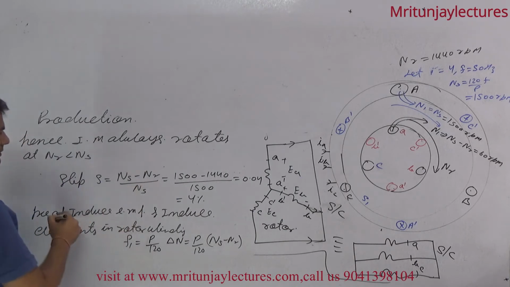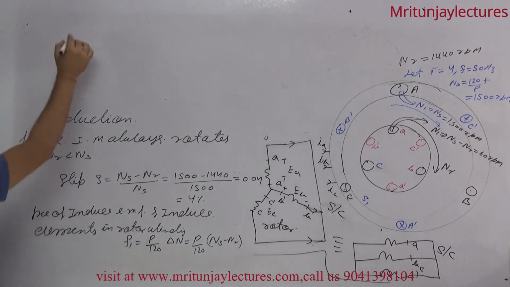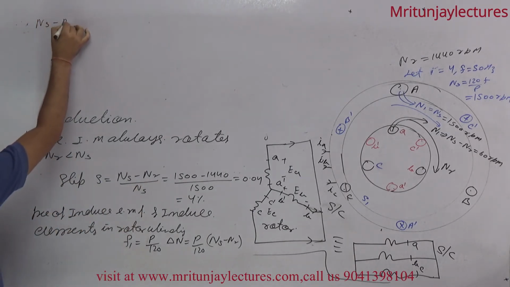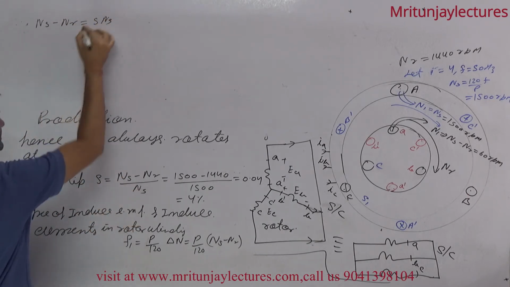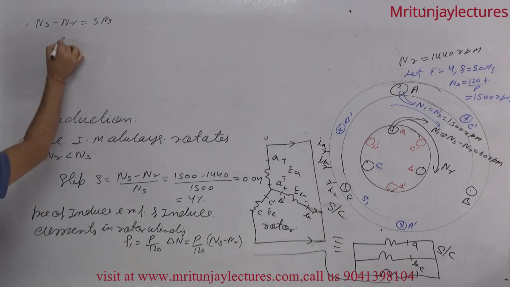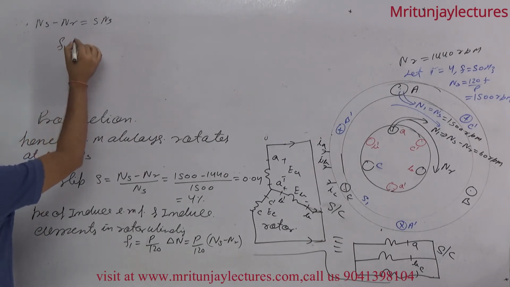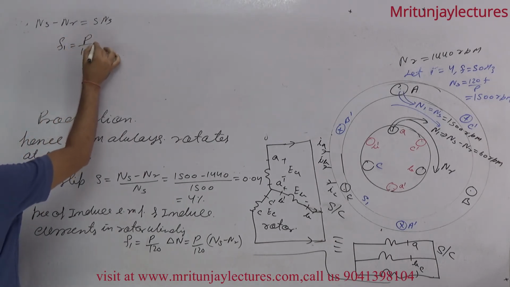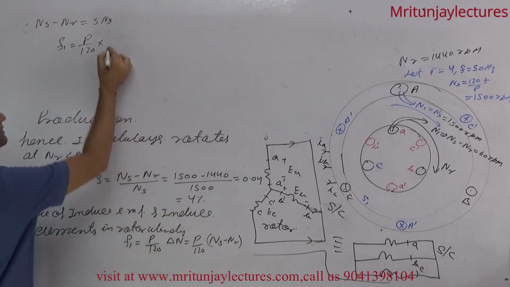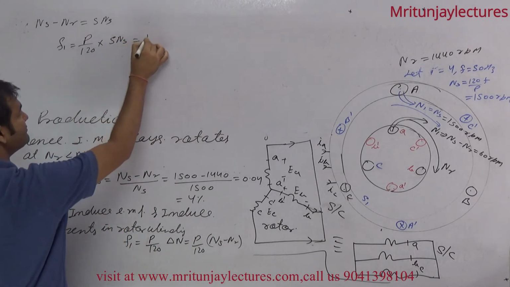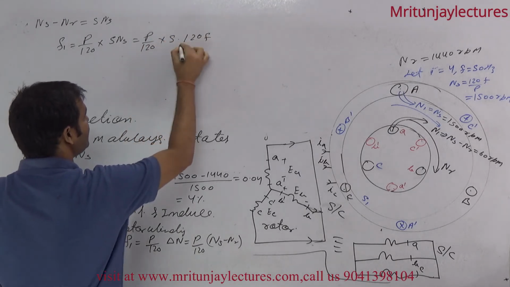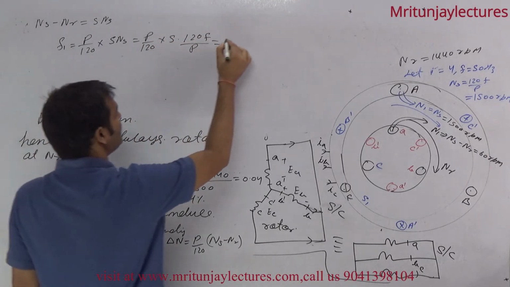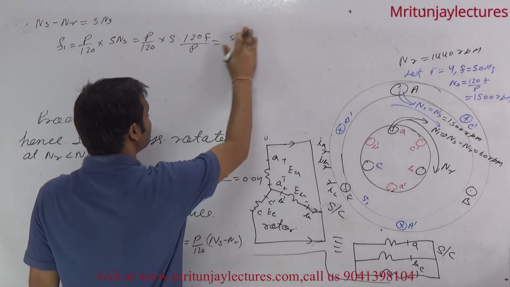I know that Ns minus Nr is written as sNs. So f1 is equal to P upon 120 into sNs, and Ns is 120f by P. So finally f1 is equal to s into f, that is sf.